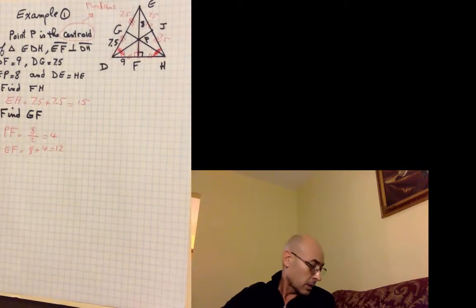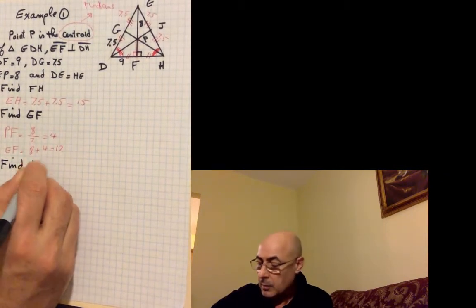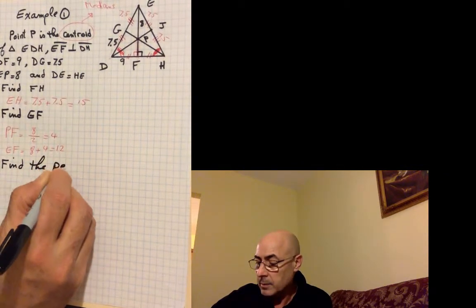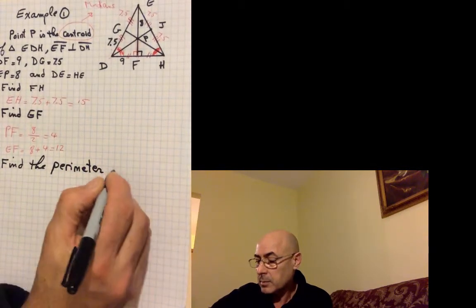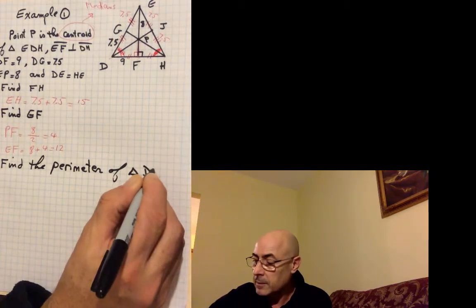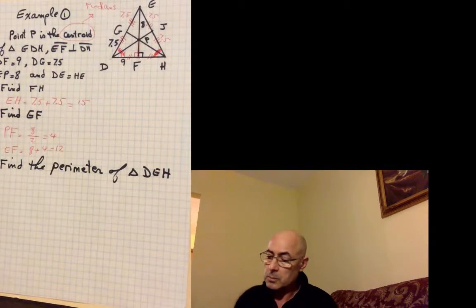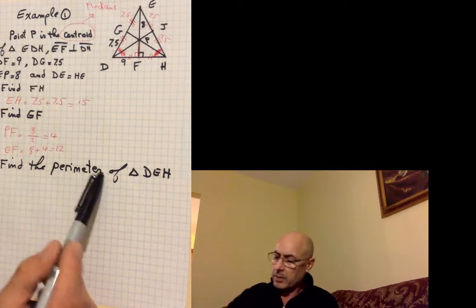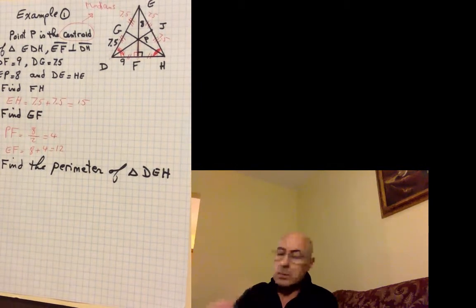Done. Now, the second one here, find the perimeter of triangle DEH. So perimeter, how do we find the perimeter of a triangle? We add the 3 sides.